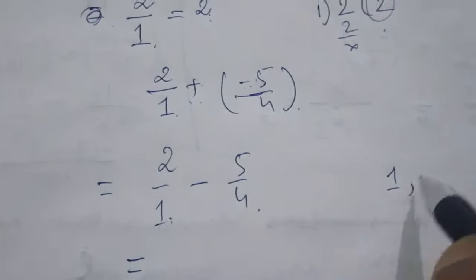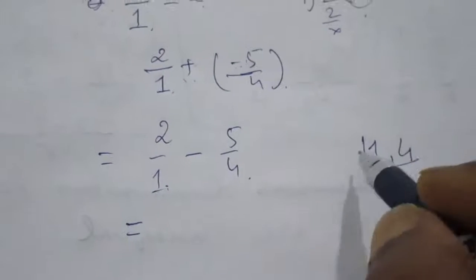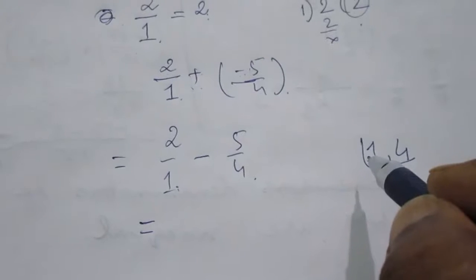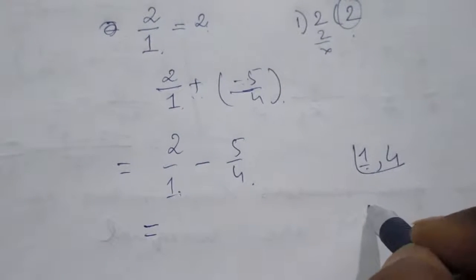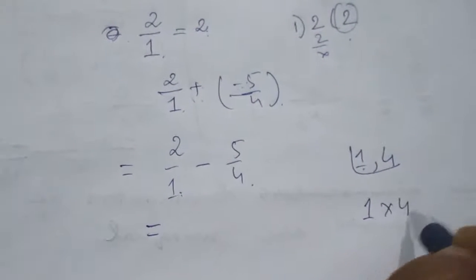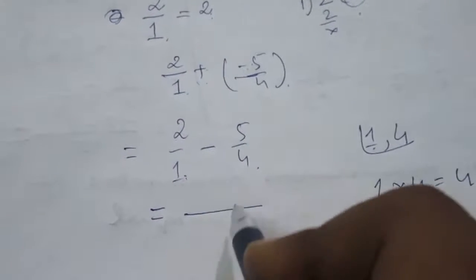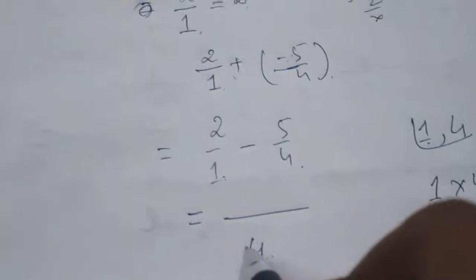Now if we take the LCM of 1 and 4, no number can divide both 1 and 4, so the LCM of 1 and 4 is 1 into 4, that is 4. As the LCM is 4, the common denominator will be 4.